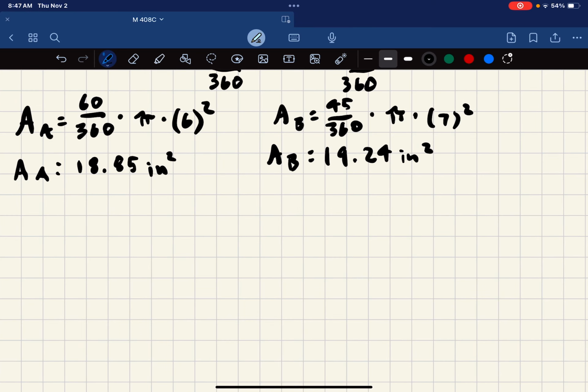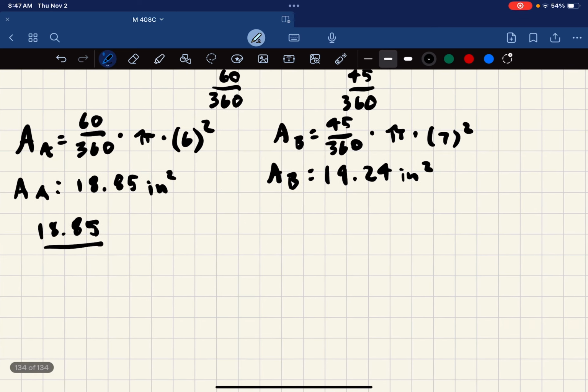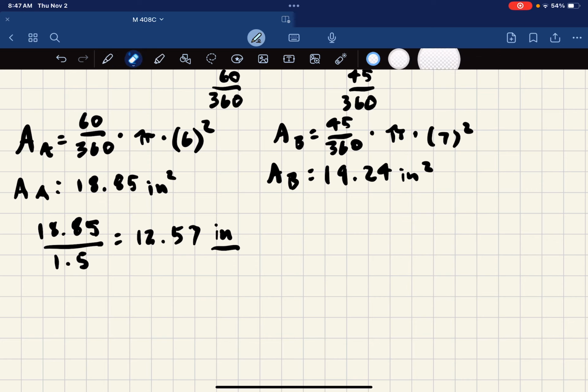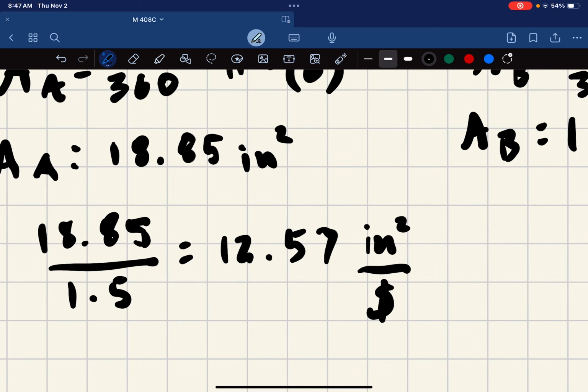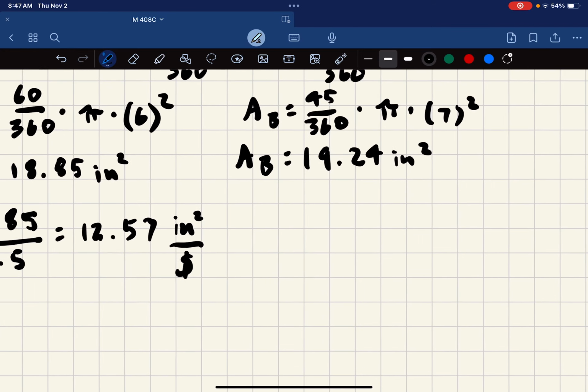So 18.85 divided by the total cost, which is 1.5, equals around 12.57 inches squared per dollar. So this is our final thing, 12.57 inches squared per dollar.